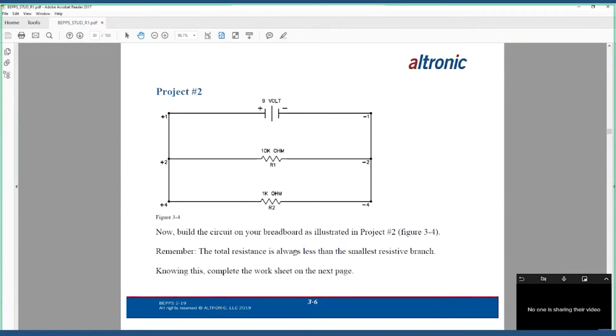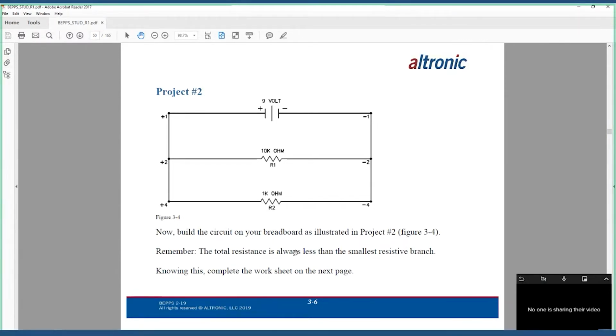So we have a 10,000 ohm resistor, and we have a 1,000 ohm resistor. With two like resistance values, we could say, hey, if they were both 10Ks, our total resistance for the total circuit is going to be 5,000. This one's going to be a real kicker, though, because we've got a 10,000 ohm resistor and a 1,000 ohm resistor.